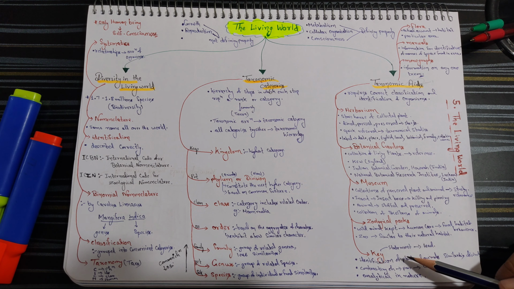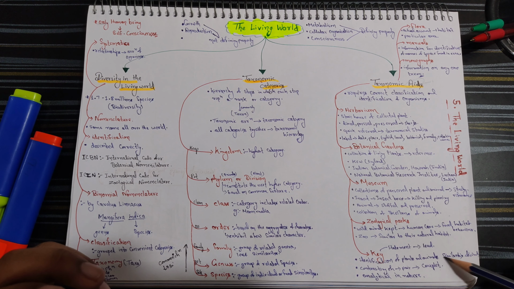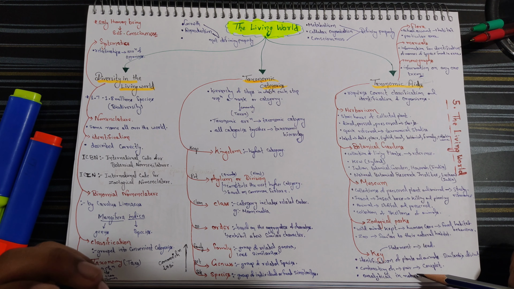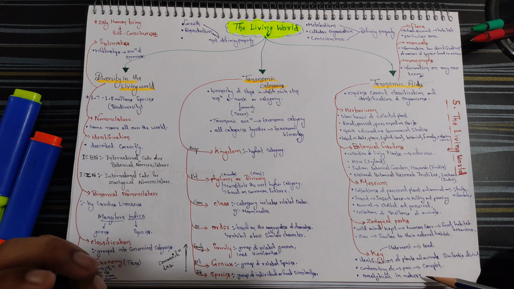And the another part is key, which has a two-way statement, for identification of plants and animals based on similarity or dissimilarity of characters. It has a contrasting pair, which is called a couplet, analytic in nature.